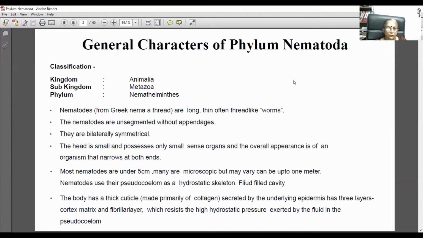Because the pseudocoelom has fluid, whenever there is a movement of the fluid, pressure is formed. So the pressure has to be resisted, otherwise it will break. Therefore, the cuticle has the character of withholding the pressure.